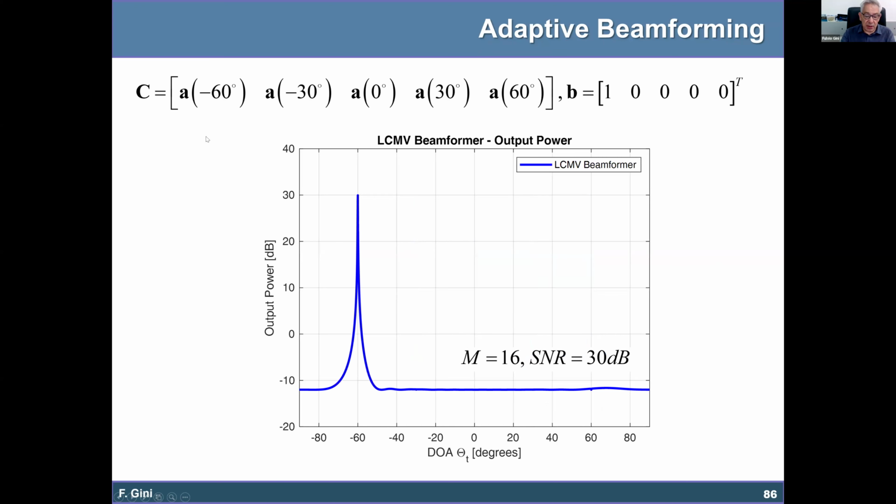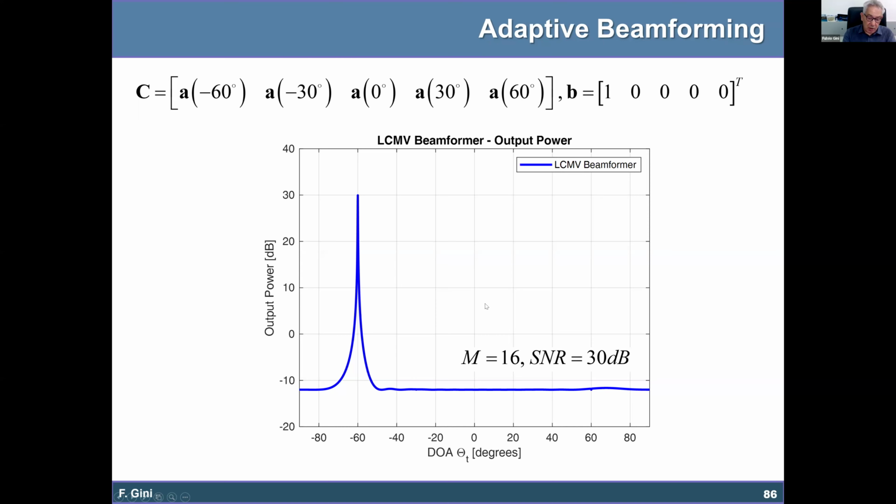Another possibility is to impose a distortionless constraint and a null for these 5 angles. And this is the output power. I mean, you don't see the 4 nulls because this is not the beam pattern. So when you point the beam in one of these directions, for example, 0 degrees, you don't get exactly 0.